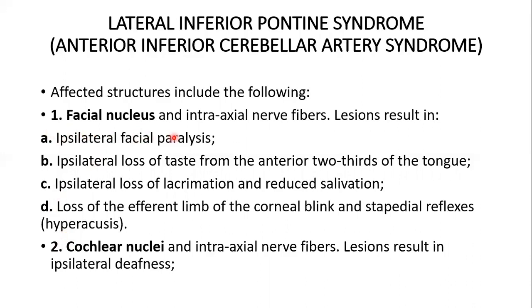Ipsilateral facial paralysis, ipsilateral loss of taste from the anterior tongue, ipsilateral loss of lacrimation and reduced salivation. So loss of the efferent limb of the corneal blink and the stapedial reflexes, hyperacusis, so the loudness of the voice. The cochlear nuclei and intra-axial nerve fibers lesions result in ipsilateral deafness.